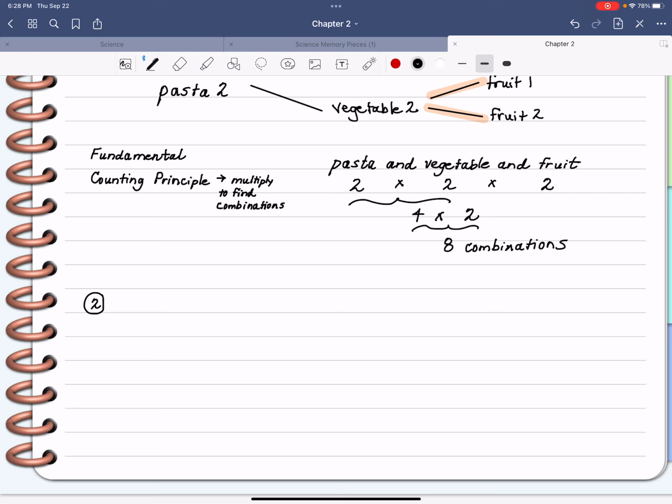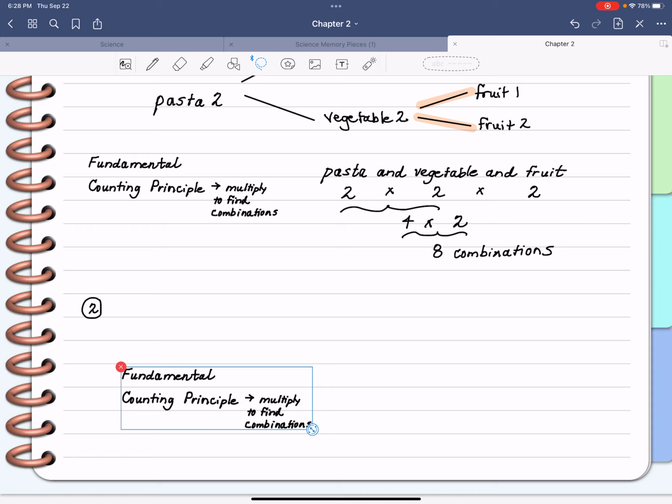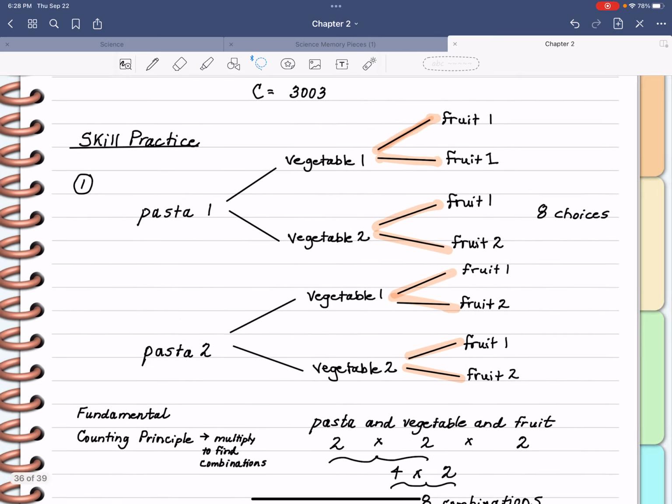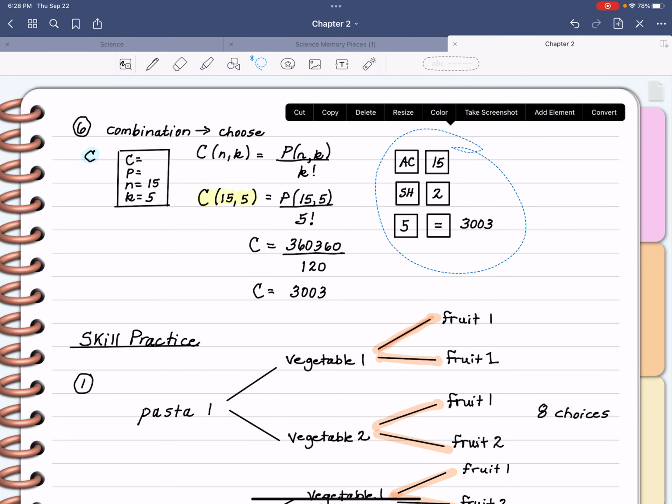So we have to decide if this is permutation or combination. If it's permutation, let me just do it this way. Oh no, I deleted my calculator buttons. Go back up here. Hold on 1 second. Copy that.